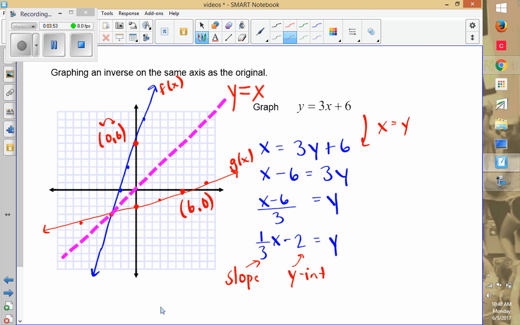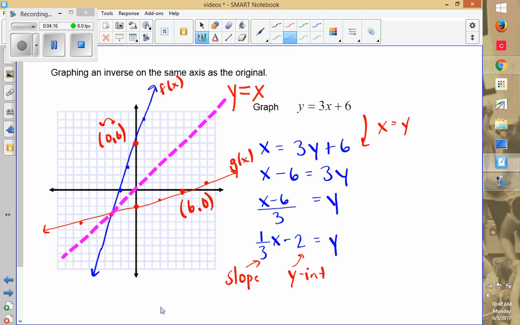The point that I'm trying to make is that when we have an original graph and we know coordinate points from that original equation, those points will almost be seen on the inverse graph, but in reverse order. The sign of them does not change. They literally just switch positions.